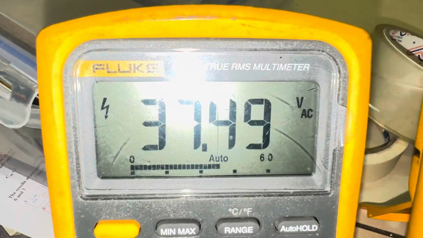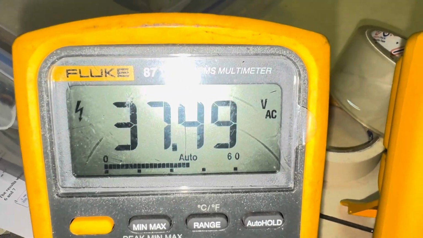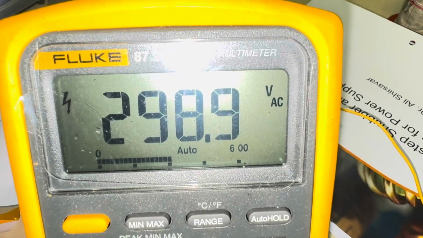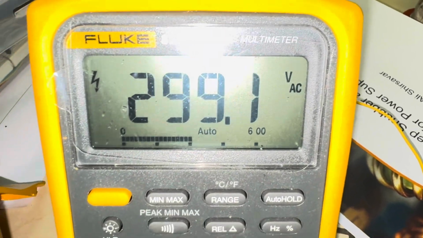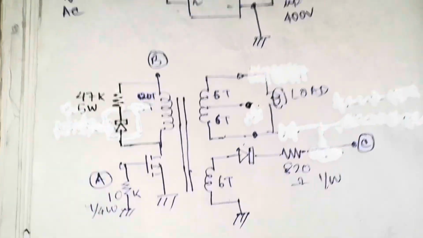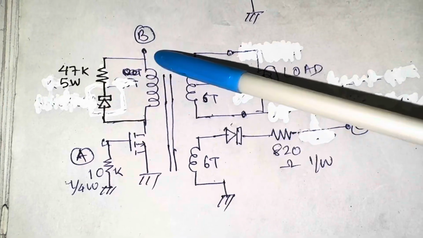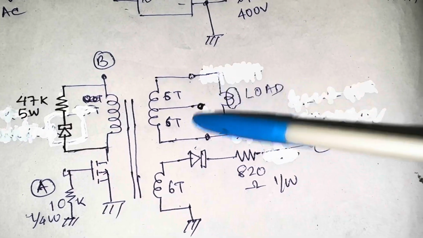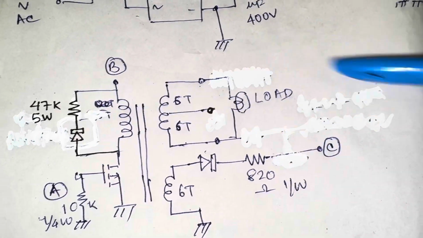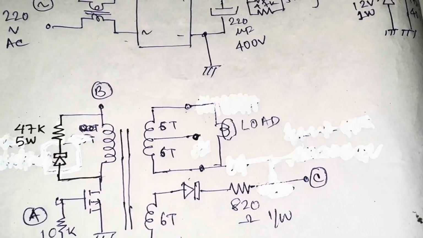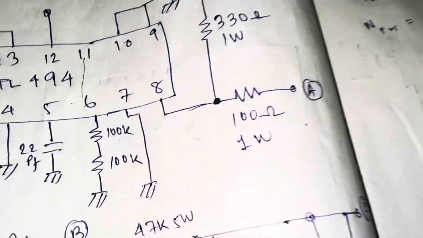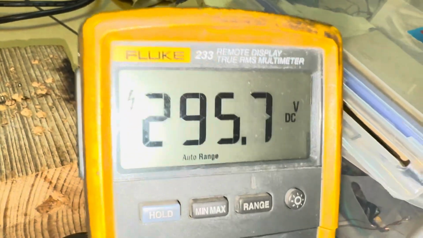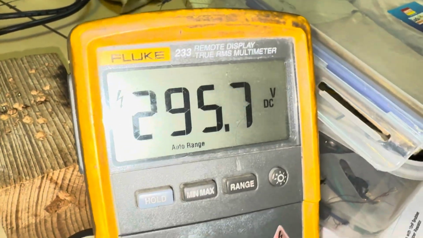This is the secondary of the transformer voltage, 37 volts AC, and this is the primary of the transformer. You can see this is how it looks. So here I am getting 299 volts, and here I am getting 37 volts. This voltage is a little high because my transformer design is for 230 volts, but you can see here I am feeding 295 volts. So now let us reduce the supply voltage.